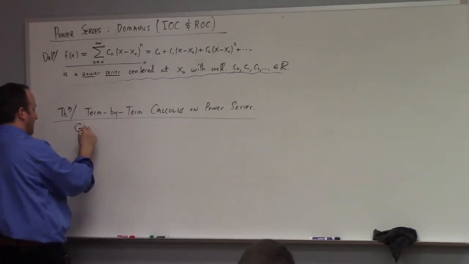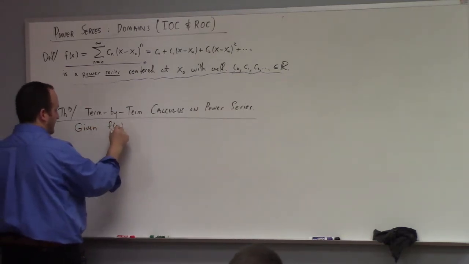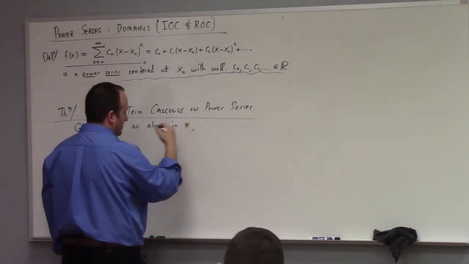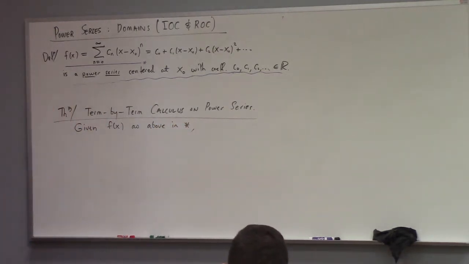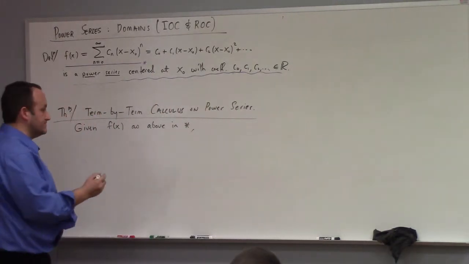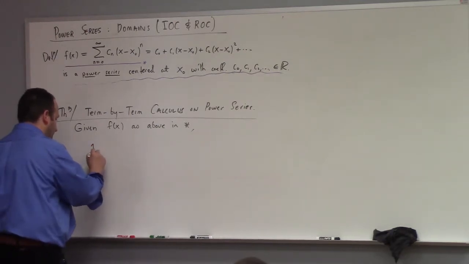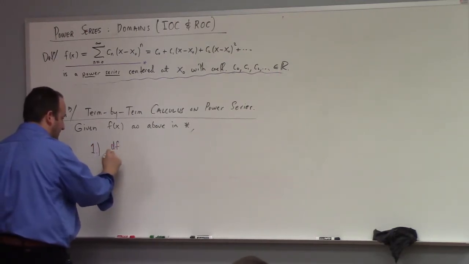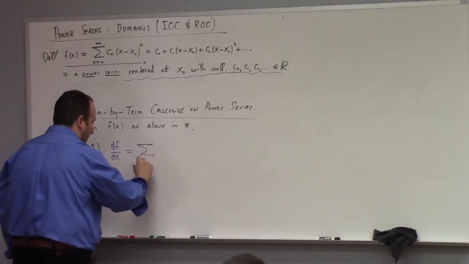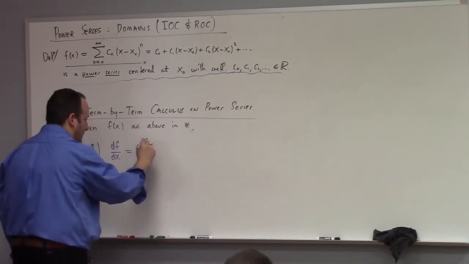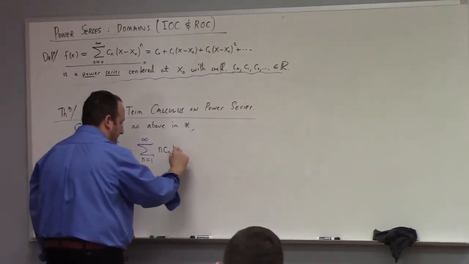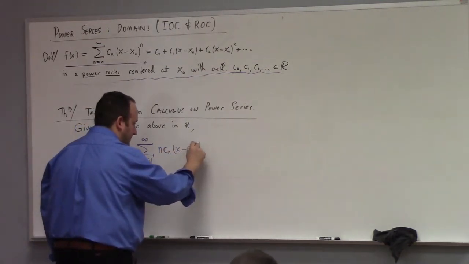Given f of x as above in star, you ready? Number one, df dx is equal to the sum n equals 1 to infinity of n Cn x minus x naught to the power n.